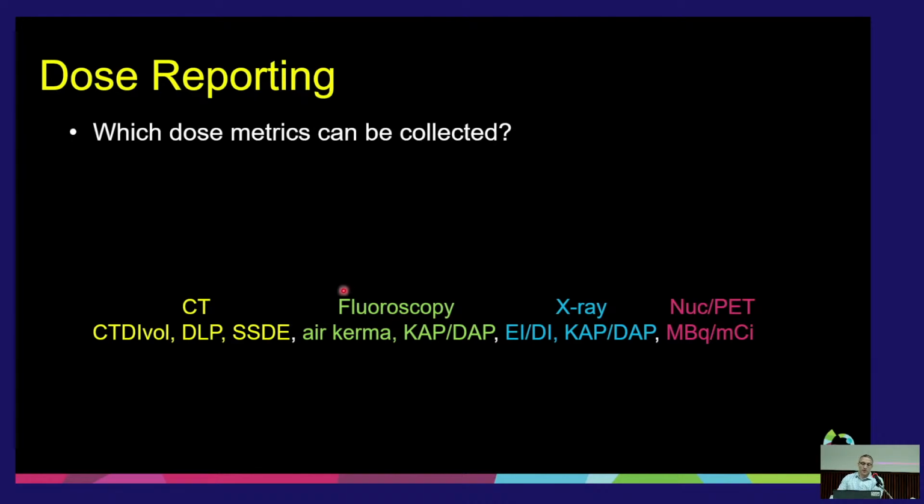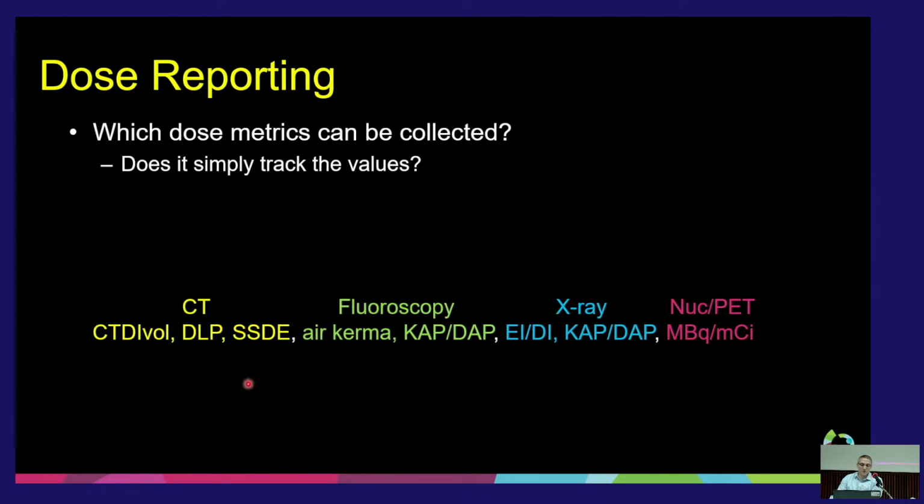Now, every software needs to be able to handle the unique aspects of the different imaging modalities. As I mentioned, all systems are good at handling CT, but they're a little less capable when you look at all the different modalities. And we know each modality has unique dose metrics.